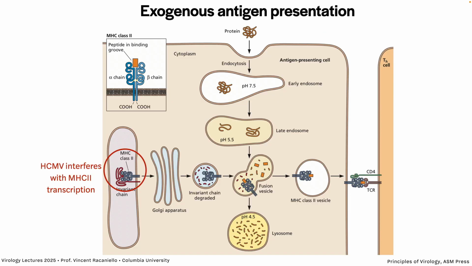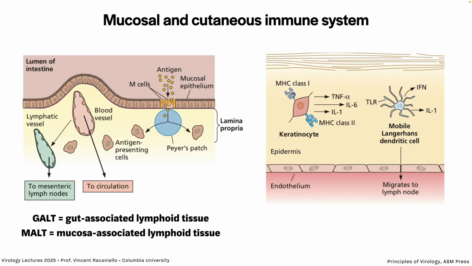Now, these dendritic cells and the other sentinels are circulating everywhere, and there are collections of lymphoid tissues in different parts of your body that harbor them and other immune cells as well. Here on the right, for example, is the skin, and we have special cells, basically a form of dendritic cell, called keratinocytes that have class I and II.